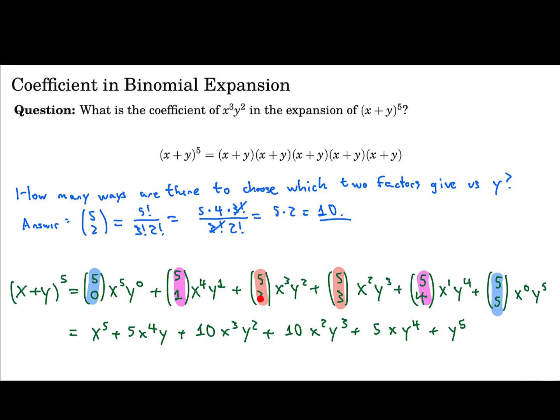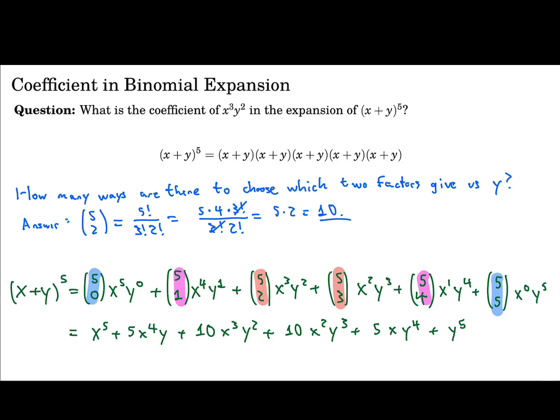So 5 choose 2 should be the same as 5 choose 3, which it is if you compute it. Same with these two over here. So choosing 1 y is the same as choosing which 4 will be x's, and so out of the symmetry, choosing which 4 will be y's is the same as choosing which one will be x. So 5 choose 1 and 5 choose 4 should be the same number, and so on. So it has this nice little symmetry to it.